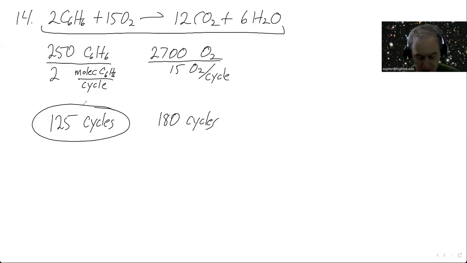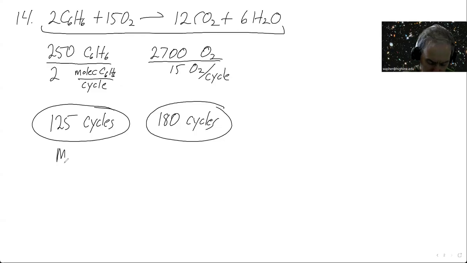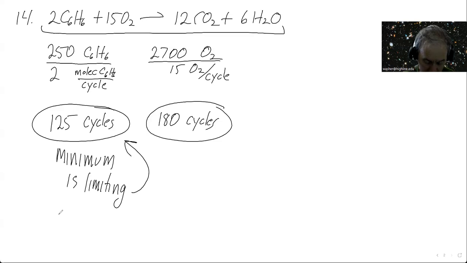I can only run the reaction 125 times with 250 C6H6, but if I had enough C6H6, I could run it 180 times with the oxygen. So the minimum is limiting, and in this case, it's C6H6. That's how you do limiting reagents.